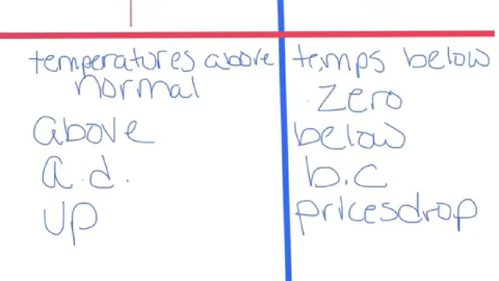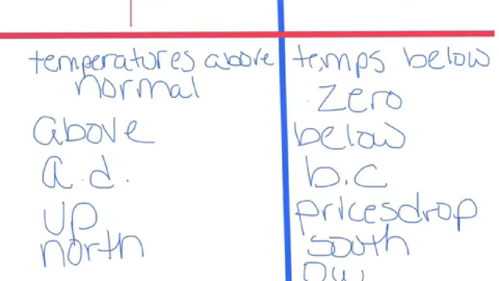Okay, let's do our directions. North, south. The word owe, like if you owe someone money, that's negative. Deposit is a positive thing.